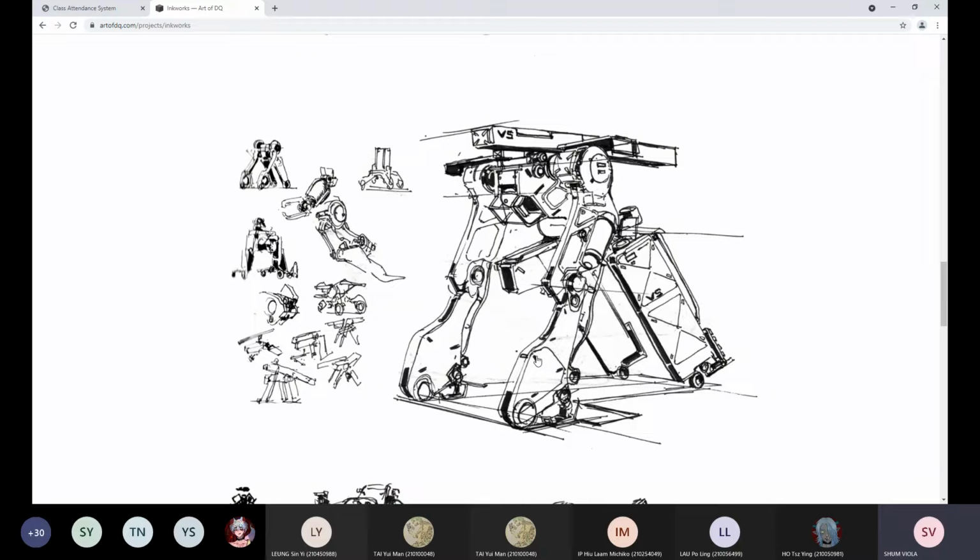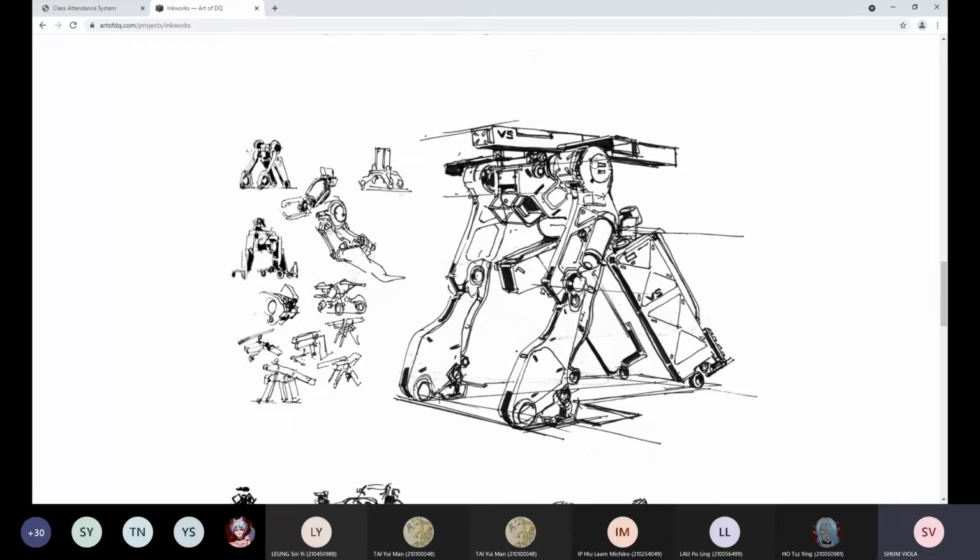So looking at this robot, you will see that when we're doing the robot, you have to think about how this metal is attached to each other. For example, you can see these metal plates. You will see some of the attachment here, and this is also some metal plates. You will find that when we're working on a robot, we have to know that the metal is a very rigid, very stiff material.